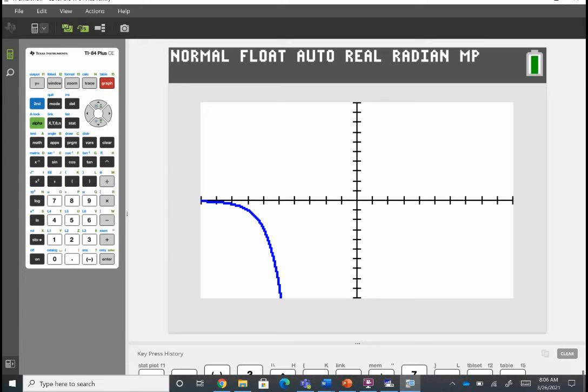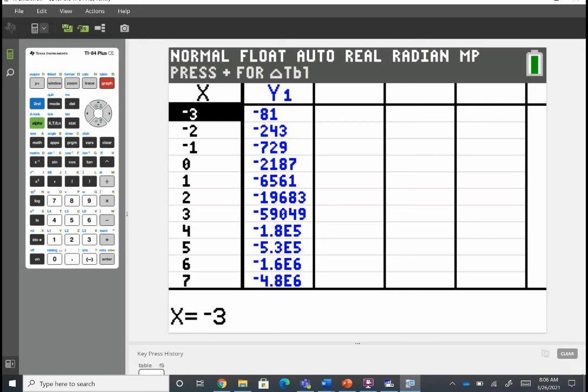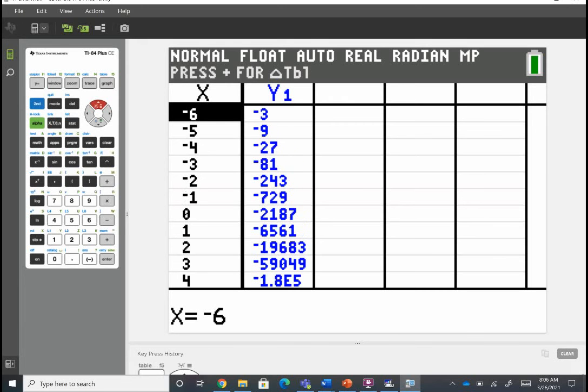So now, how do we get that onto our paper and get a good sketch? Second graph gives us our table. Where my table's at right now, I have a bunch of just giant values. So use your arrow key and let's see if we can find something more manageable. As I scroll, once I hit -7, -1, easy to graph, -6, -3, -5, -9.